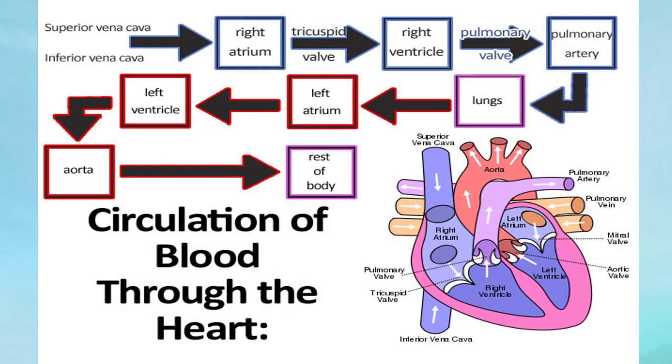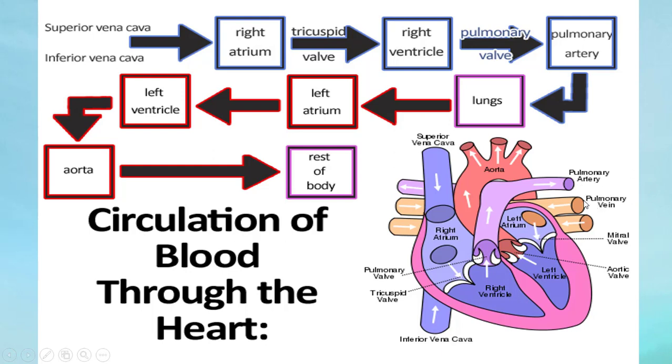This is the blood flow chart. Superior vena cava and inferior vena cava collect deoxygenated blood in the right atrium, from the right atrium to the right ventricle, to the pulmonary trunk and pulmonary artery to the lungs for oxygenation.